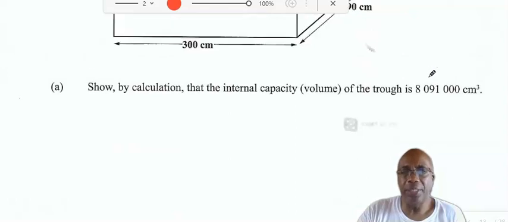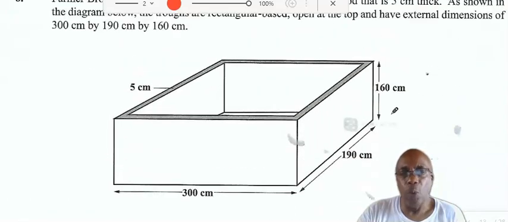So let's go back to the diagram, and what we need to determine is the internal volume of the trough, the volume inside of it. What we have to remember is that the wood that it is made up of is 5 centimeters thick.